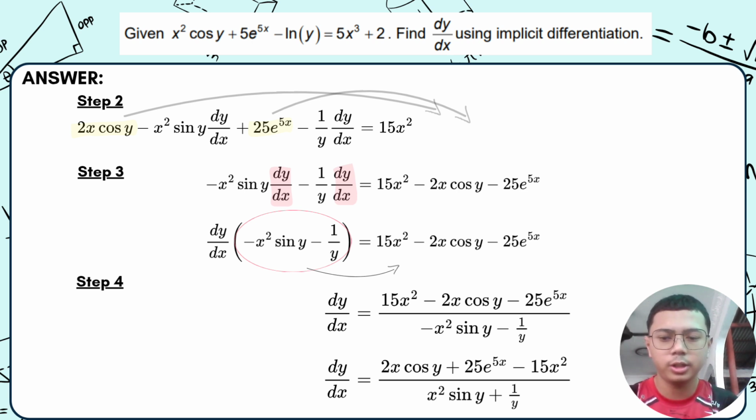We're not finished yet. We can rearrange the answer, and the final answer is dy over dx equal to 2x cos y plus 25e power 5x minus 15x power 2 over x power 2 sin y plus 1 over y.